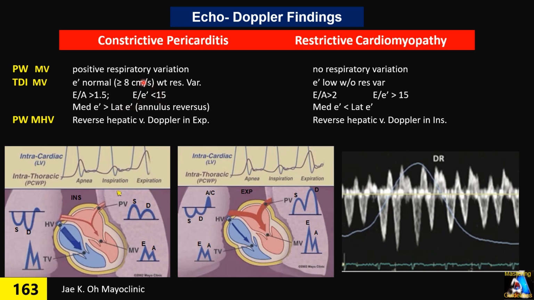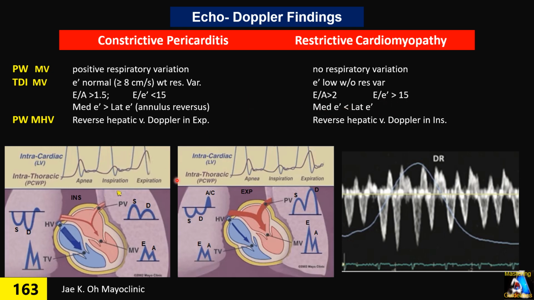So generally, whenever you see medial E prime higher than lateral E prime, always think about constrictive pericarditis. In restrictive cardiomyopathy, the ratio between medial and lateral E prime is the same as in normal people: medial E prime is less than lateral E prime.